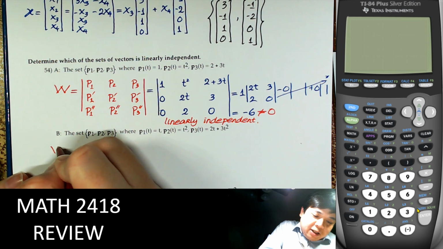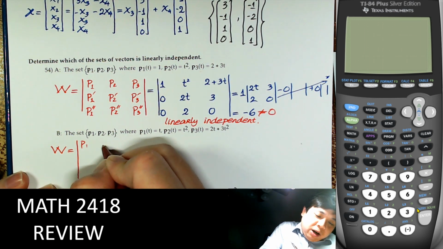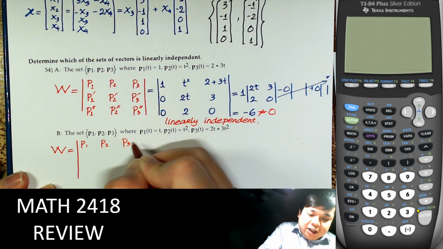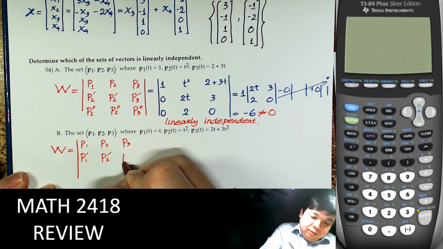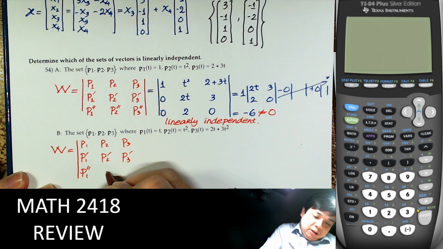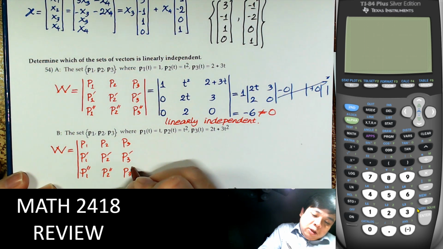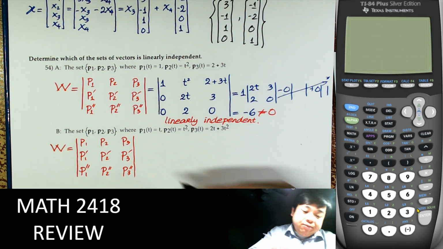Right, next, the Wronskian for this problem. Once again, we have P1, P2, P3. There are three vectors here, so we need the first derivative and the second derivative, so that we will have a square matrix to find the determinant.